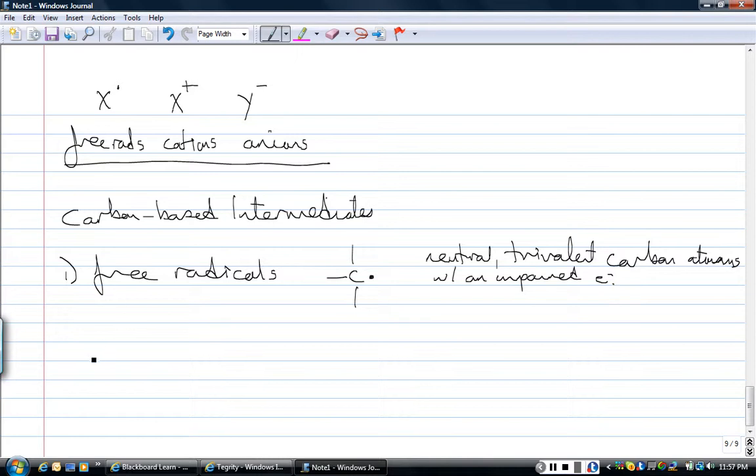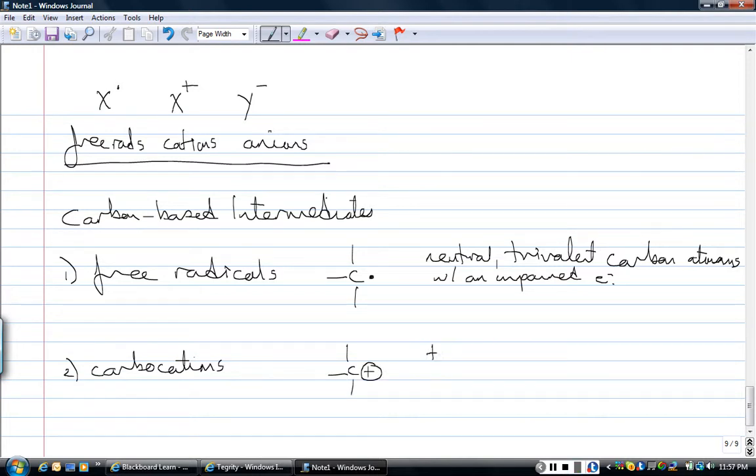Those would be free radicals. The second class would be carbocations, which are cations. These are also trivalent, but now the carbon is positively charged.